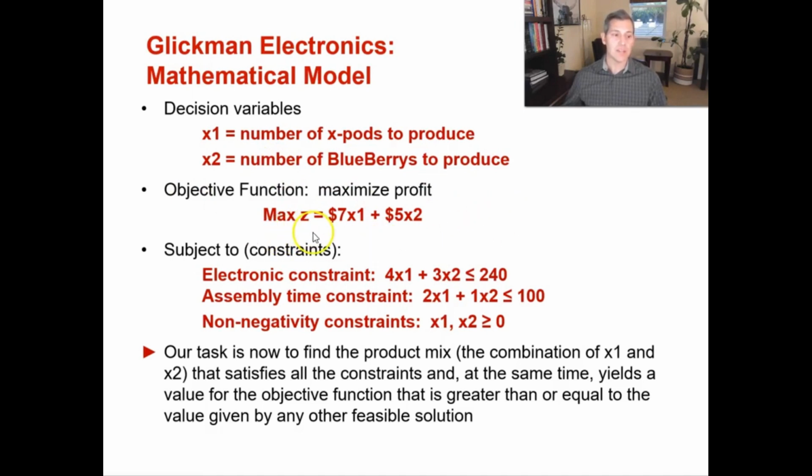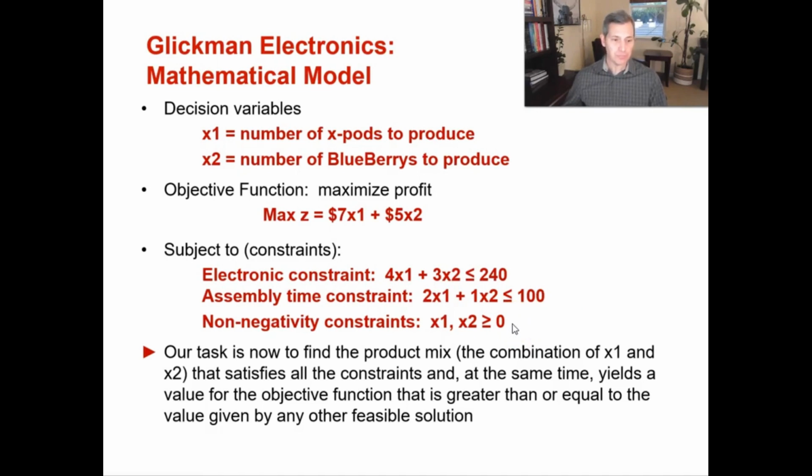So we're going to maximize z equals $7 multiplied by our first decision variable, which is XPods, plus $5 of profit multiplied by all of the blueberries that we make, or our x2 decision variable, subject to the constraints, which are: our electronic constraint is 4x1 plus 3x2 is less than or equal to 240. Our assembly time constraint is 2x1 plus 1x2 is less than or equal to 100. Both of them must be non-negative, which is our x1 and x2 greater than or equal to 0.